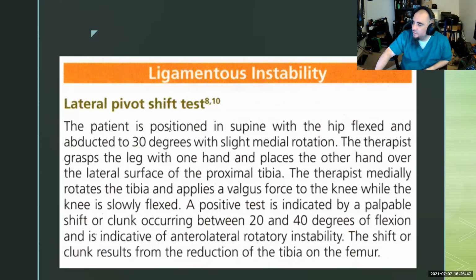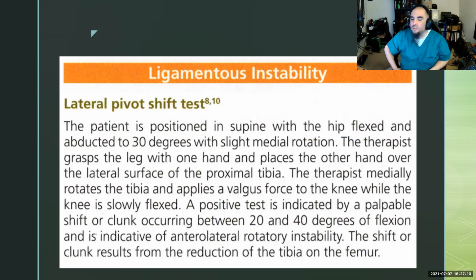Lateral pivot checks for anterolateral instability, so any rotation or a clunking in the femur. So this one's kind of weird. Patient position is supine, hip flexed, abducted to 30 degrees with slight medial rotation. Therapist grasps the leg with one hand and places the other hand over the lateral anterior surface of the proximal tibia, and then medially rotates the tibia and applies a valgus force.